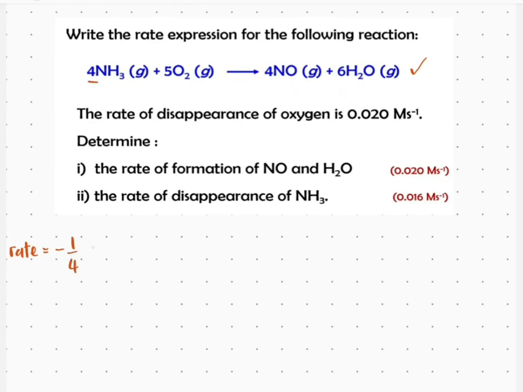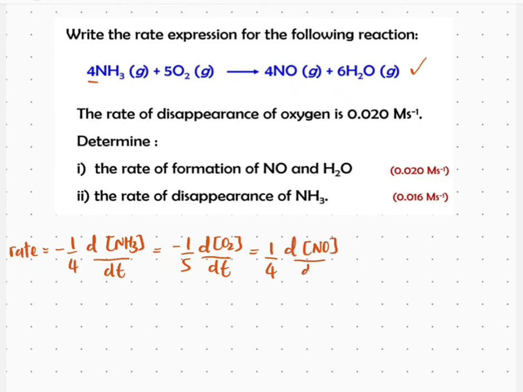So, 1 over 4 dNH3 over dt equals to negative 1 over 5 dO2 over dt equals to, so, dah produk, tak ada negatif dah, 1 over 4 dNO over dt equals to, final H2O, 1 over 6 dH2O over dt. Okay, so kita dah tulis rate expression.